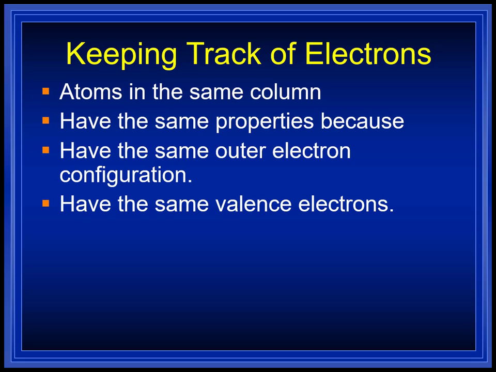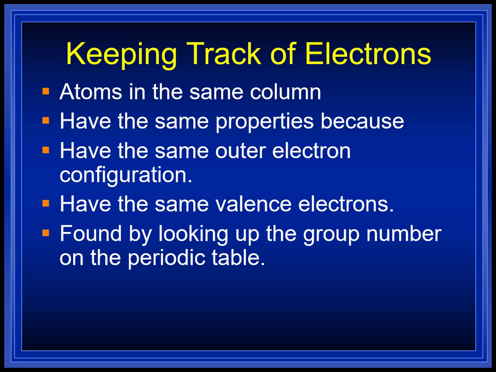Group 7 would be S2P5. That's 7 valence electrons. So to find out the number of valence electrons, just look at the group number. The ones followed by A's, because we're using the ones followed by A's, right? So 1A has 1.